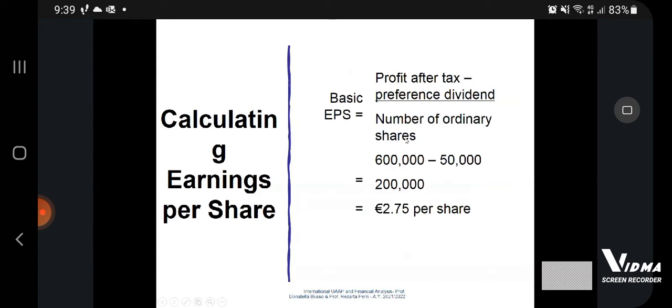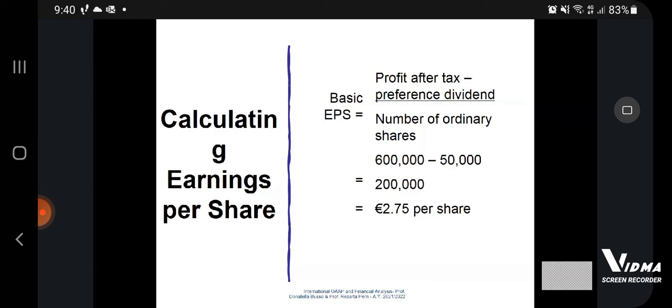The first one that you need to know is what figure of earning would be taken into consideration for the purposes of putting in this ratio. Now, as you can see, the figure of earnings is the profit after tax and the preference dividend. Remember that the figure of earnings that I should put in the numerator of earnings per share is the profit attributable to the common shareholders.